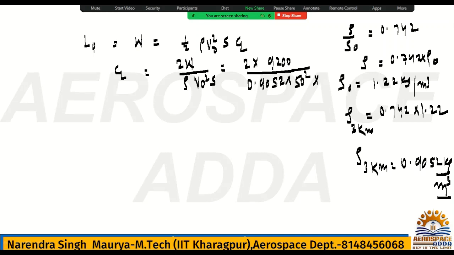Now, every time I cannot go back to the slide, otherwise it will take so much time. So 9 meter square is the area. So calculate CL. 2 into 9200 divided by 0.9052 divided by 50 square divided by 9.